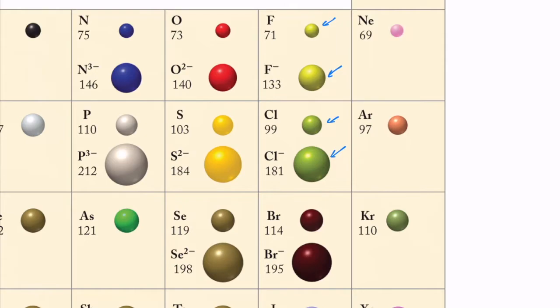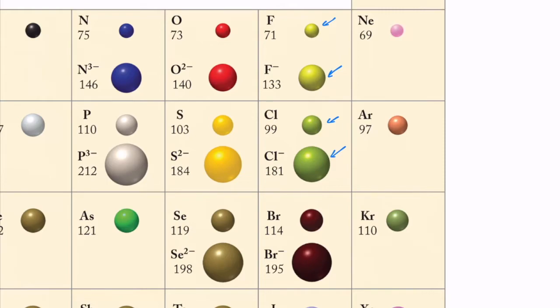And the reason for that is since each of those ions has a negative charge, that means that additional electrons have been added to the atom to make the ion, and adding additional electrons results in a larger size because each of those electrons now feels less of a force pulling it towards the nucleus.